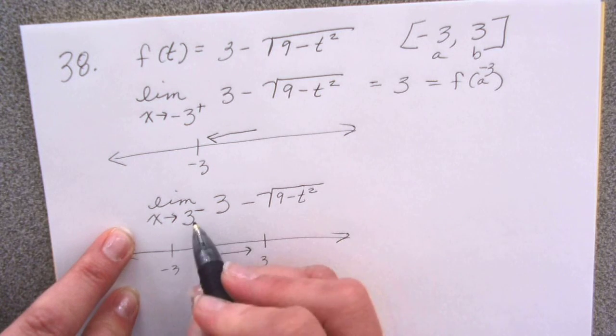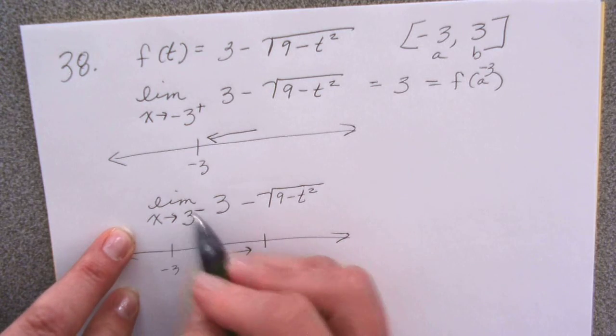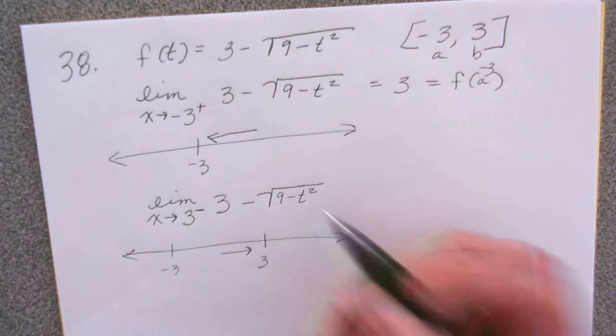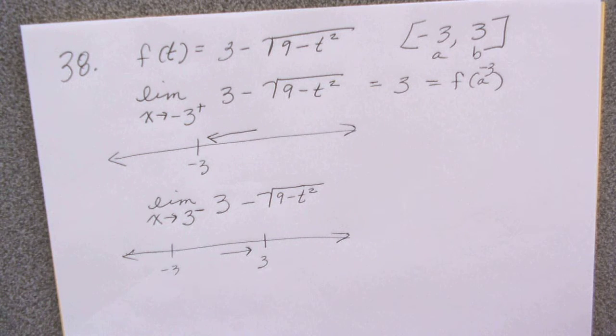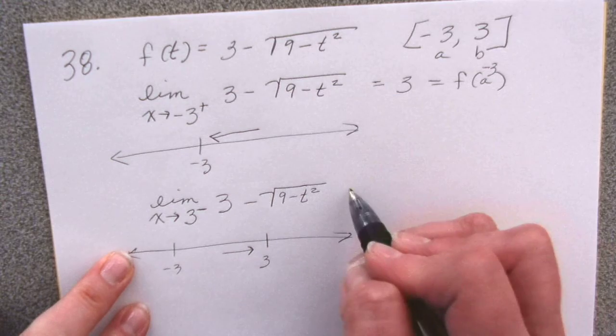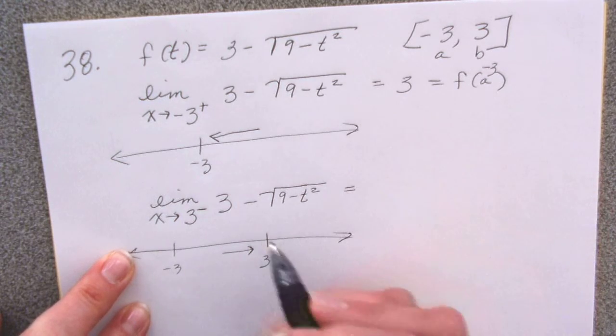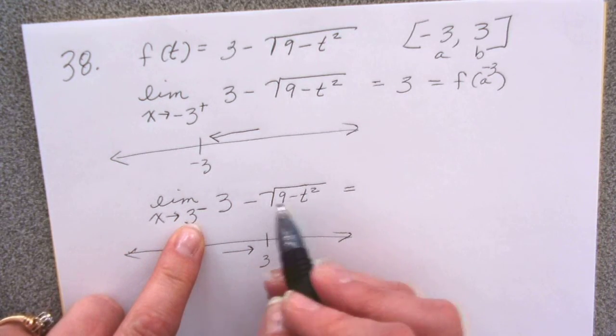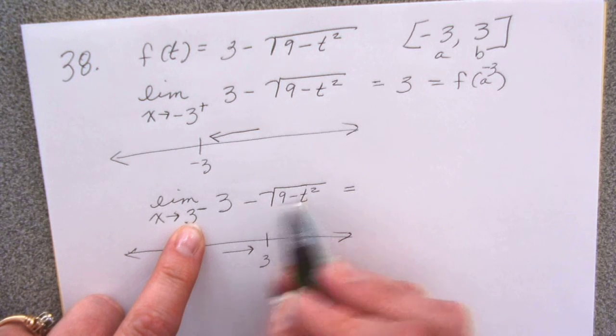If I just plug in 3, as long as you can do direct substitution and get a value, then that's what the limit equals, right? It's when you do direct substitution and it gives you something that's undefined that it either does not exist or you need to do some algebraic manipulation to remove that discontinuity. So when I use direct substitution, it gives me the same thing, 3.